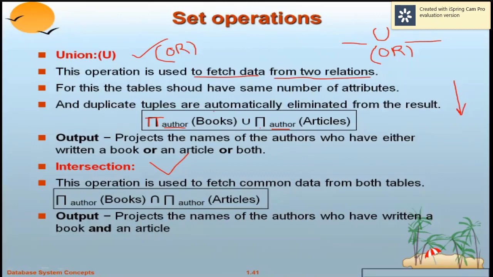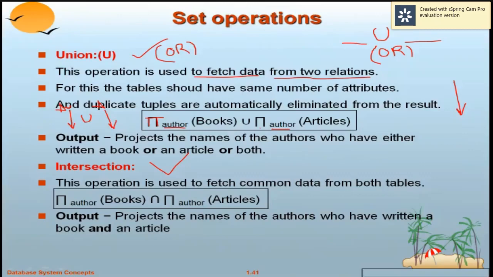So it's going to pull out the author column or attribute from the table called book, and it is also going to pull out the other author column from the table called articles. Now you have two columns and on this you are applying your union operator.